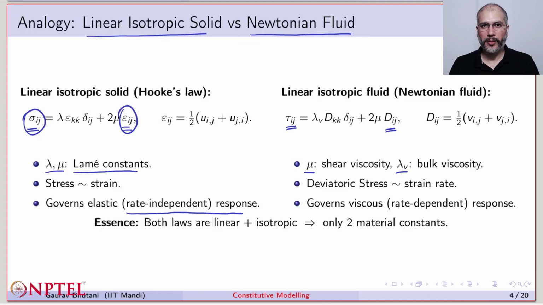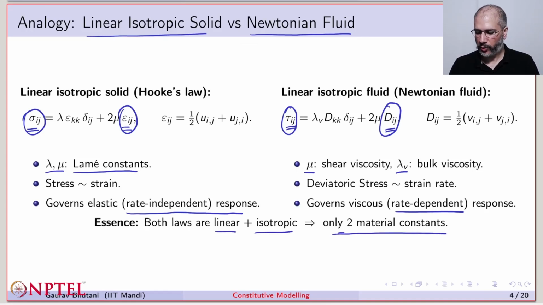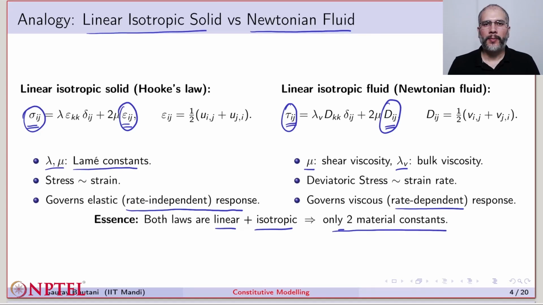Whereas for fluids, we have a rate dependent response, that is our tau, the response, is dependent on the rate of strain, that is, the time rate change of the strain. But in a sense, mathematically speaking, both of these are linear and isotropic, and therefore they have only two material constants to characterize them. But there's also a fundamental difference energy-wise between solids and fluids.